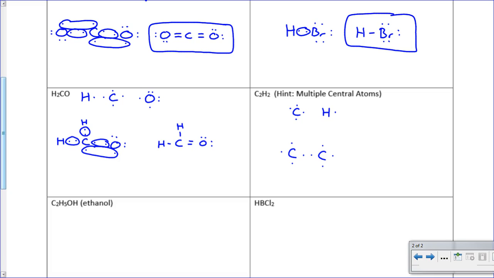And then we're going to put the 2 hydrogens on the outside. So I'll put a hydrogen here, and a hydrogen here. The hydrogens bond with the carbons, and then the carbons bond with each other, and they actually end up bonding with each other 3 times to form a triple bond. So we end up with H and then C and then triple bond to a C and then another H on the other side.